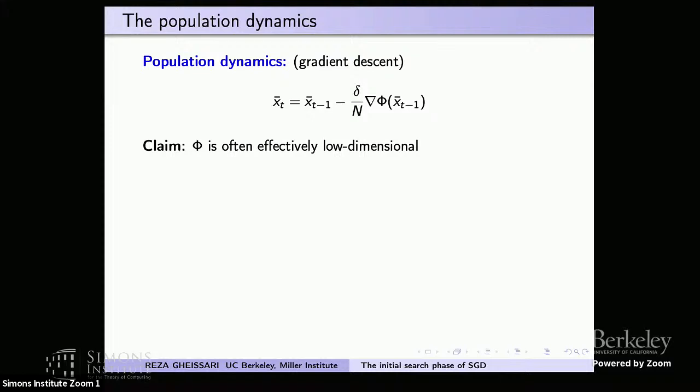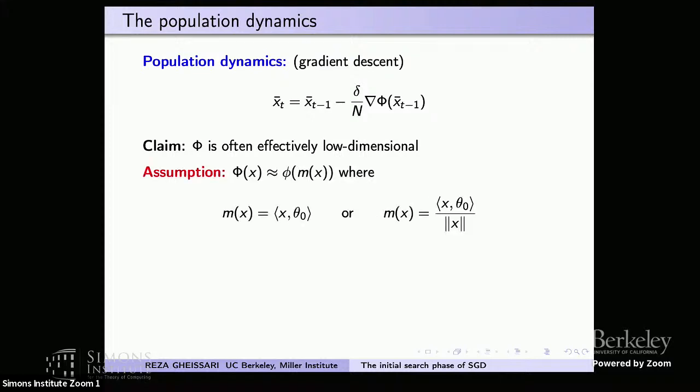For instance, we could assume that this function phi is just a function of some notion of your distance to the true parameter. The population really shouldn't care too much about the other directions. Maybe you have a radial term if you're working in full space. So in a spherical prior, we'll take something like this. And with a Gaussian prior in full space, for instance, we could look at something like a normalized inner product.